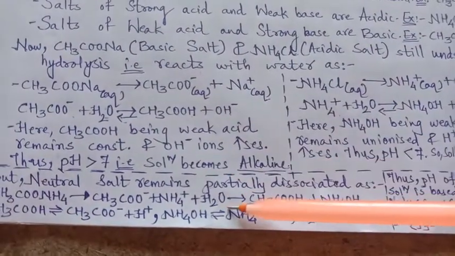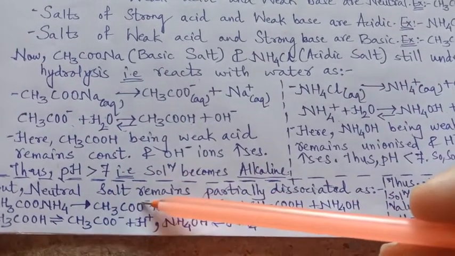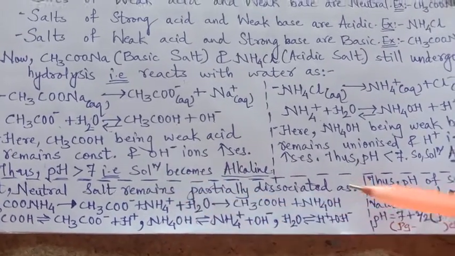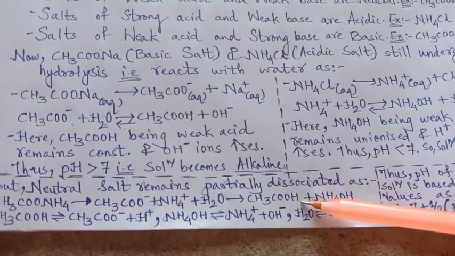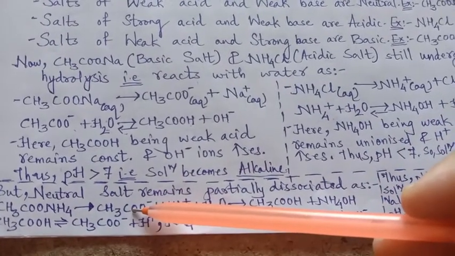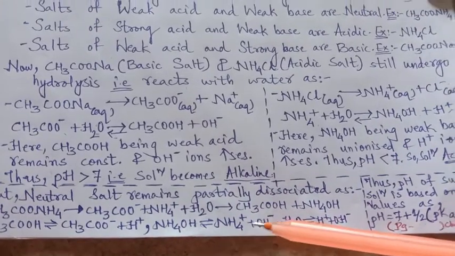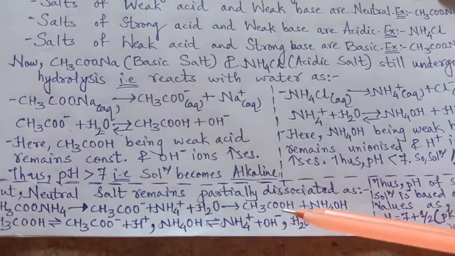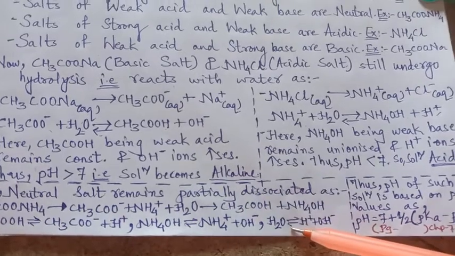H2O ionizes, and H is given to the acetate ion, so it becomes an acid, and OH is given to the ammonium ion, so it becomes ammonium hydroxide. This CH3COOH, if ionized, will again give CH3COO minus and H plus, NH4OH gives NH4 plus and OH minus, and H2O gives H plus and OH minus. So here you see H plus and OH minus separated, which is again the hydrolysis of water.